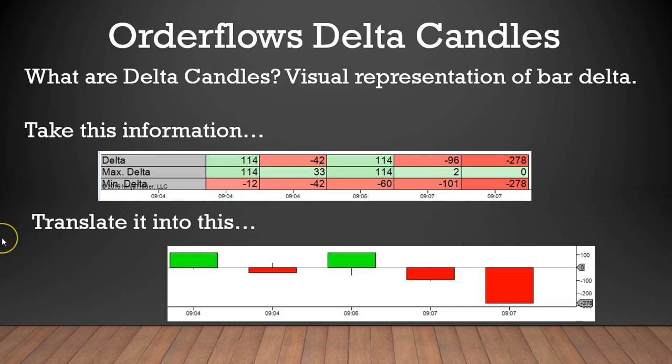A lot of people get confused and scared looking at numbers. It goes back to your days in school, when a lot of people hate math because they're scared of numbers for some reason. What the Delta candles do is take this information and put it in an easy to read format.